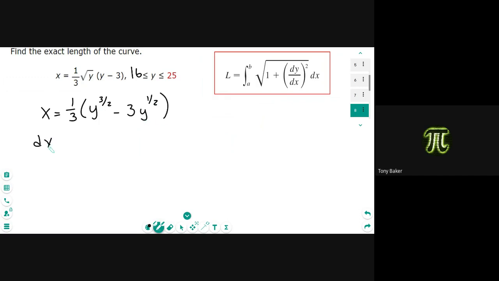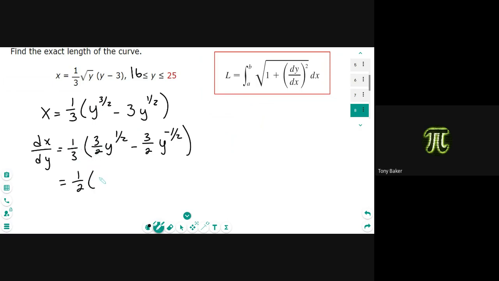So my dx/dy is 1/3 times 3/2 y to the 1/2 minus 3/2 y to the negative 1/2. So we've got 1/2 y to the 1/2 minus 1 over y to the 1/2.